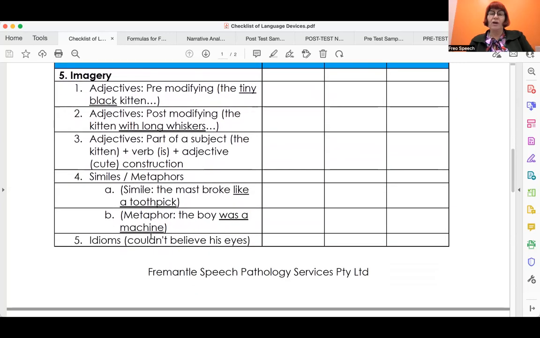Imagery through lots of different techniques, pre-modifying adjectives, post-modifying phrases and clauses, adjectives that are part of a subject. So when you've got something like "the kitten is cute", the cute is the adjective, similes and metaphors, and idioms.